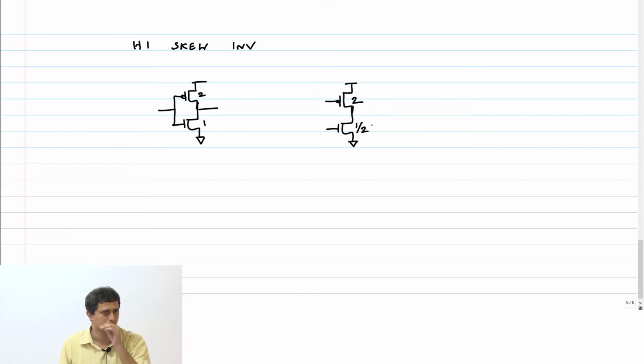So what I mean is, this 1 is going to correspond to, let's say, 8 lambda by 2 lambda, and this is 16 lambda by 2 lambda. And let's say the minimum width allowed in the technology is 4 lambda. Then this half is still allowed. That doesn't mean half cannot be used; it just depends on the absolute minimum width. Remember, these are relative sizings that I've been speaking about. Therefore, this half is allowed.